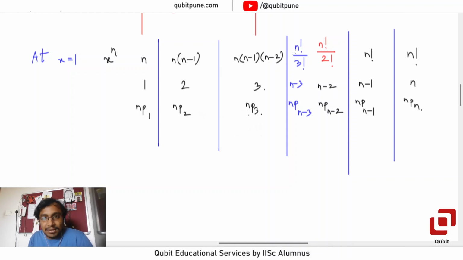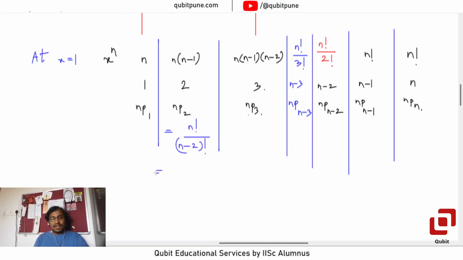And then we have got this n minus 2th derivative. And if you see the pattern here, first derivative is n, second derivative is n into n minus 1. That is clearly nP2, because nPr is n factorial upon n minus r factorial. And how much is that? That is nothing but n into n minus 1. So if we are finding the second order derivative, then it is nP2.